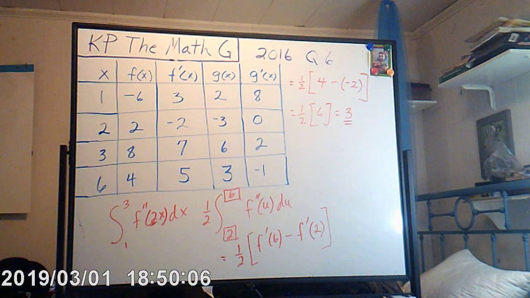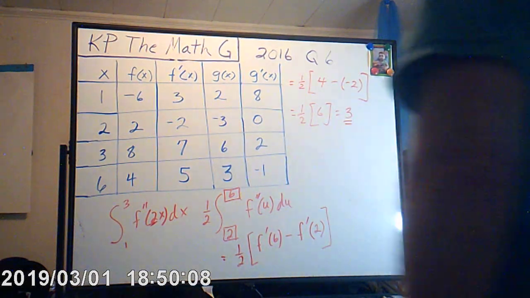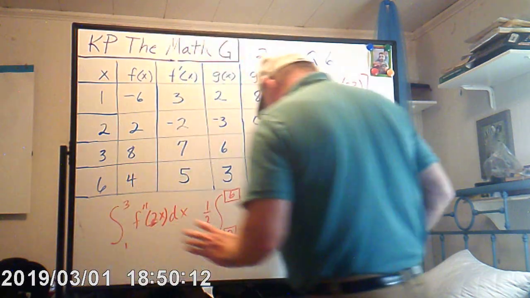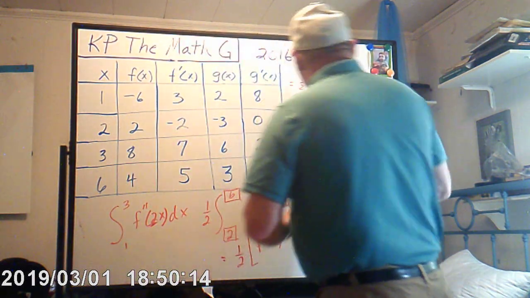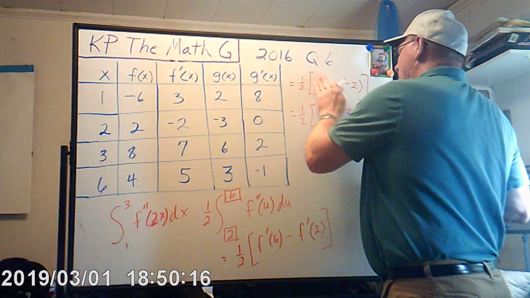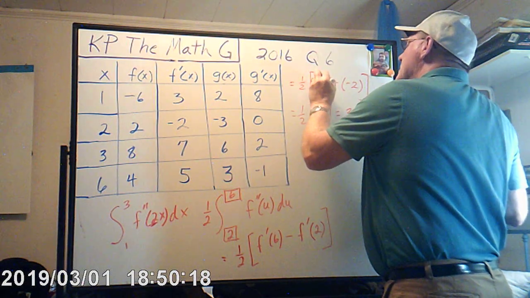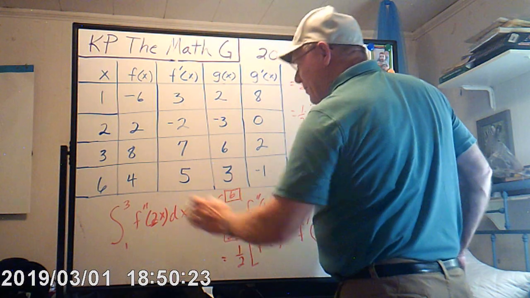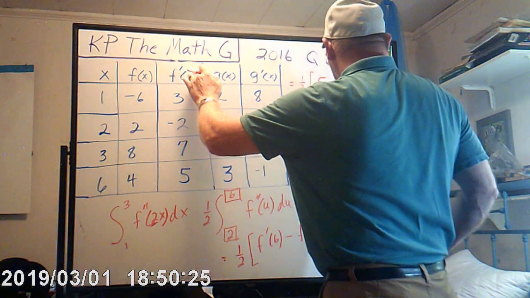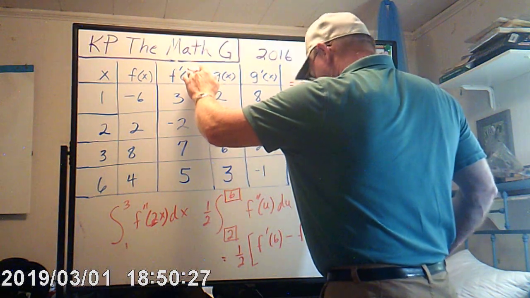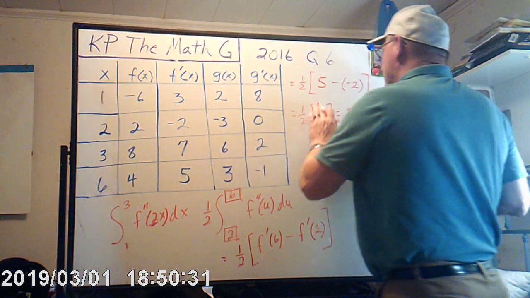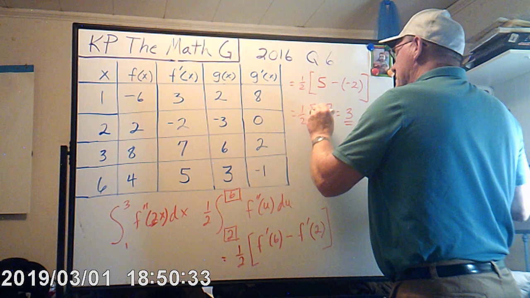F prime at 6 is not, F at 6 is 4. I knew something didn't look right. So this is 5. Yes. And then F prime at 2 is -2. So this is actually 7.